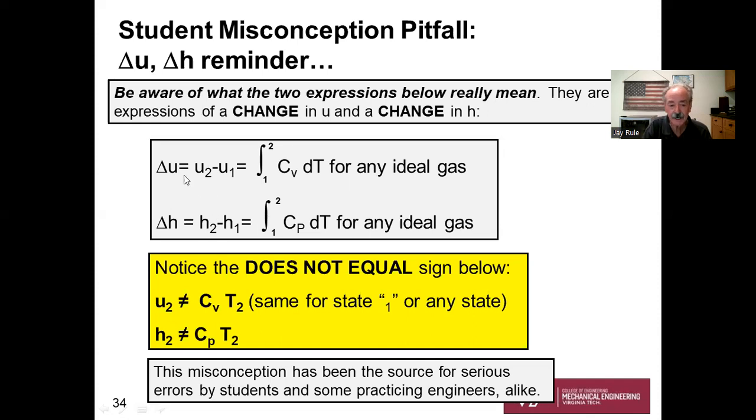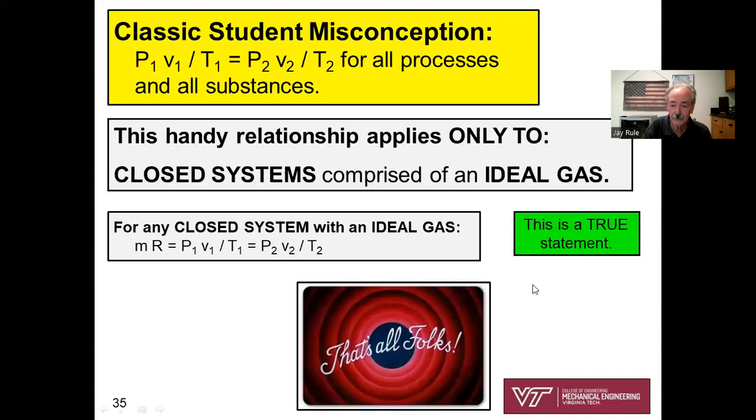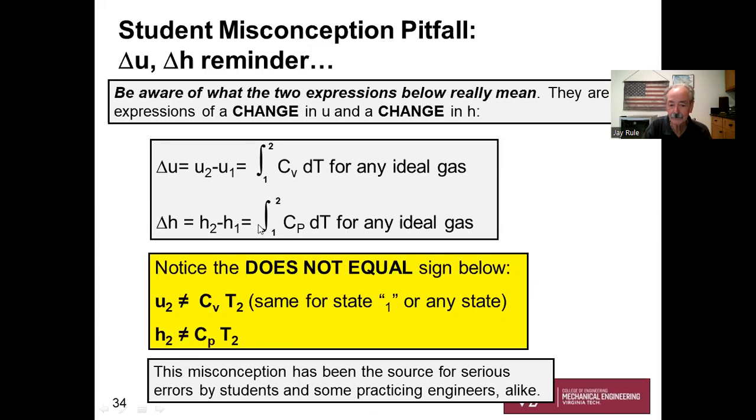And so if it's a constant, delta U is equal to C V times delta T, or U2 minus U1 is C V times T2 minus T1. So do you see that mathematically, you can't say that U2 equals C V times T2. You can't say that U1 is C V times T1. It's only in the difference. So this does not work. H2 does not equal C P times T2. Think about the math. You cannot get a single value for U by taking a specific heat times a temperature. That doesn't work.